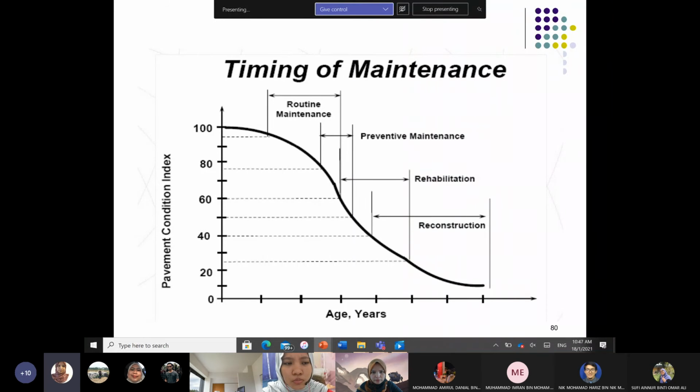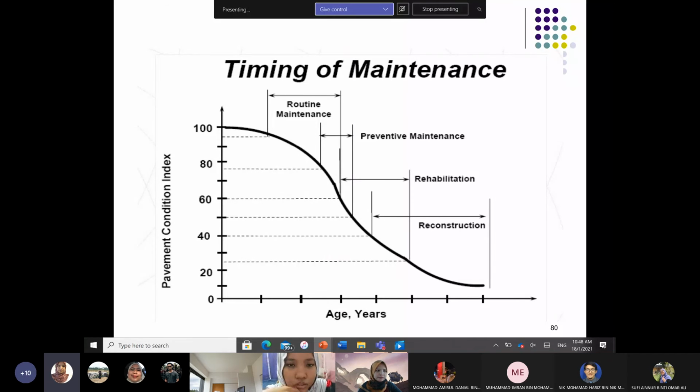So kalau you tengok dia punya age, how long it can last, dia masih lagi mungkin about less than 5 years time lagi lah. So bila dia punya PCI makin menurun, they go for what? Preventive maintenance. Okay, when maintenance cannot support anymore, tengok stage yang ketiga, they go for rehab works.